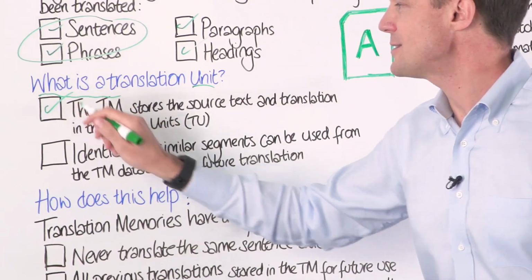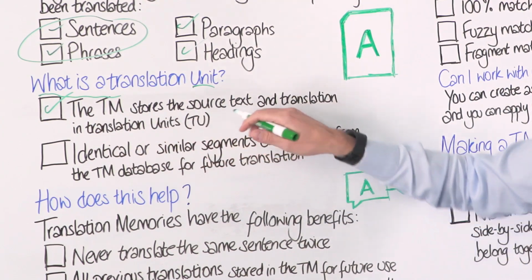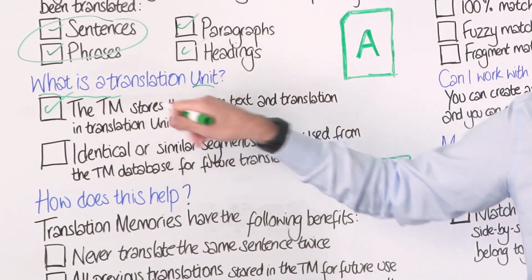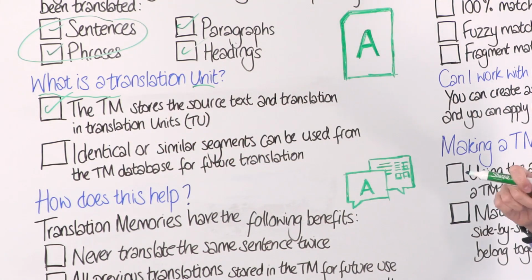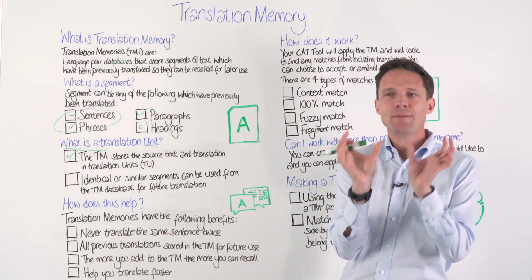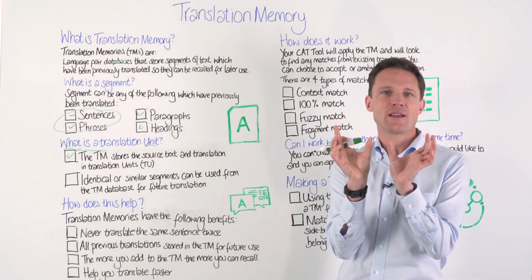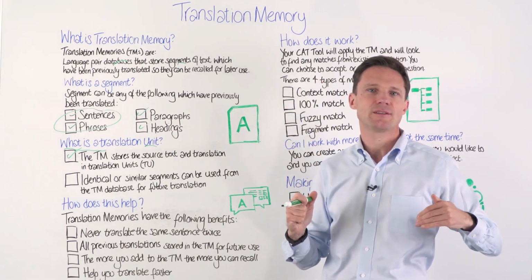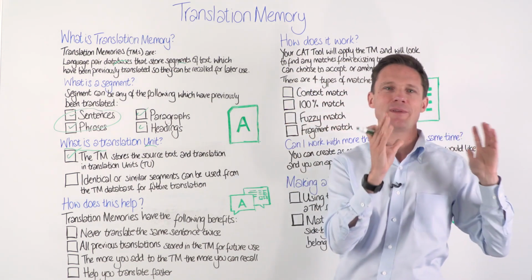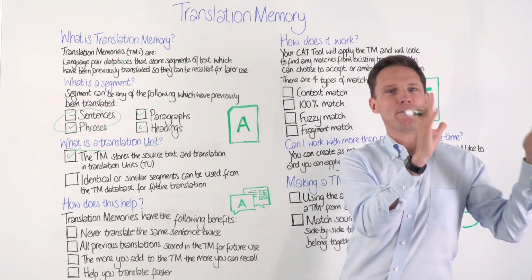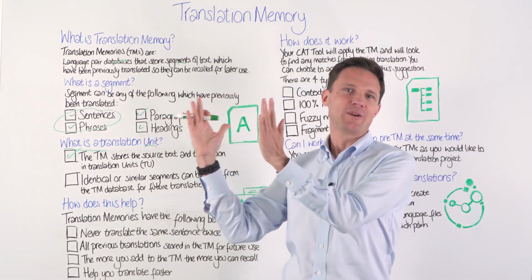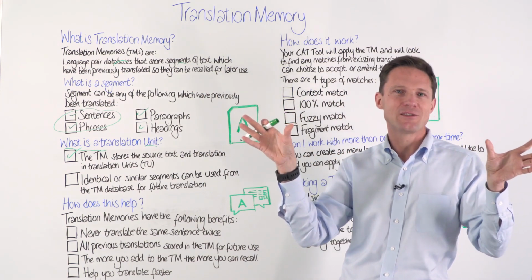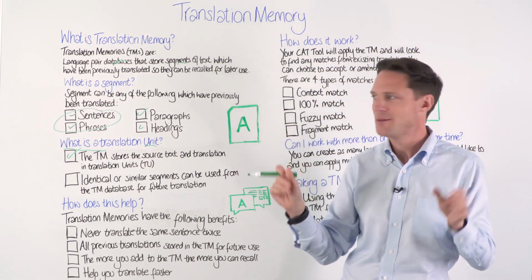The translation memory stores the source text, so what you've got to translate, and the translation of that sentence. Typically if you look at a translation memory, you'll find many translation units, and each translation unit is going to be, for example, hello, I'm Massimo. Ciao, sono Massimo. So you have the English and its translation. That's what a translation unit is.